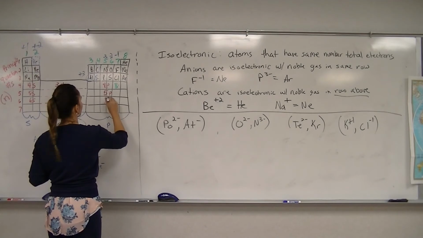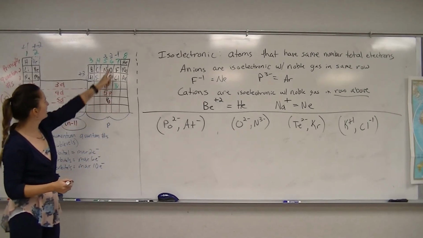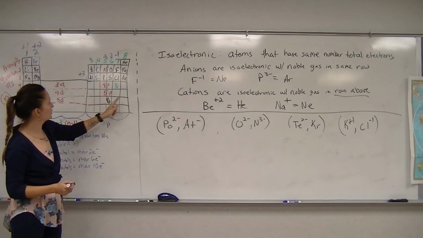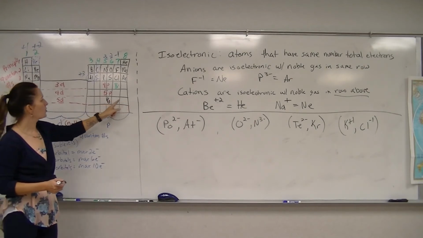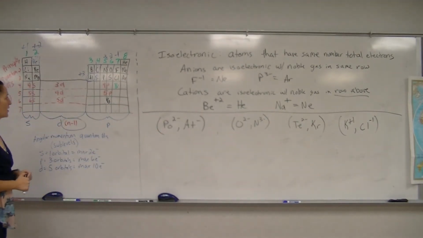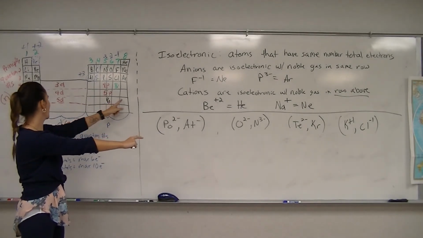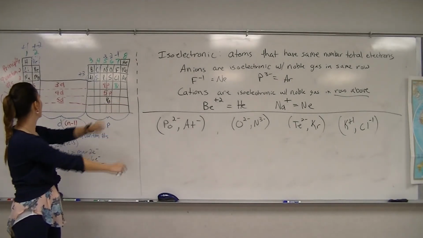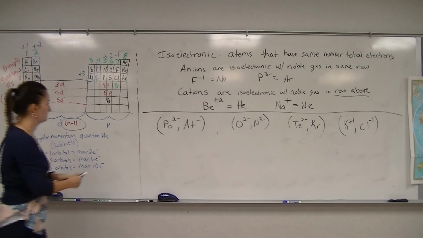He's right here. So the reason he has a 2- is because he has 6 valence electrons, and he needs 2 more to be a noble gas. Okay? So, what noble gas is polonium isoelectronic with? Well, it's going to be the gas in the same row since it's an anion. So, what is the noble gas in period 6? It is radon, Rn.